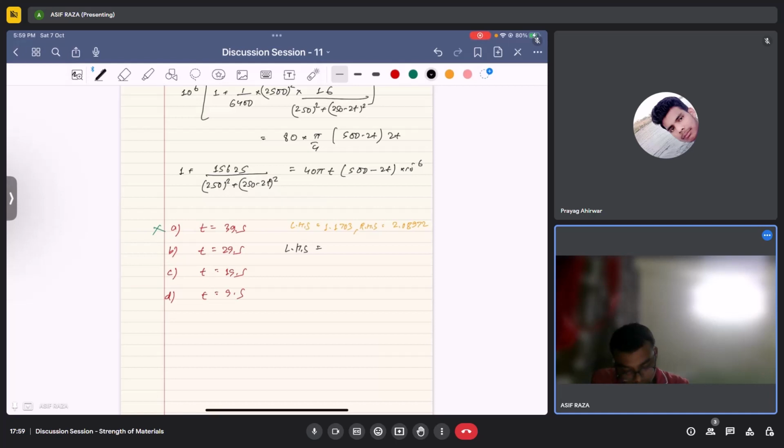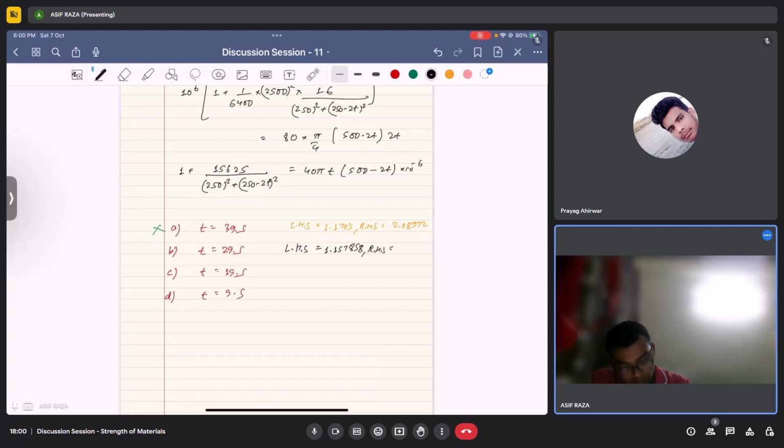250 square plus 250 minus 2 into 29.5 square, into 15625 plus 1. This comes around 1.157858.